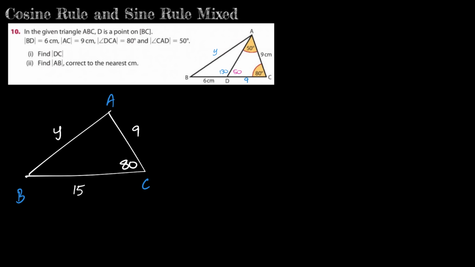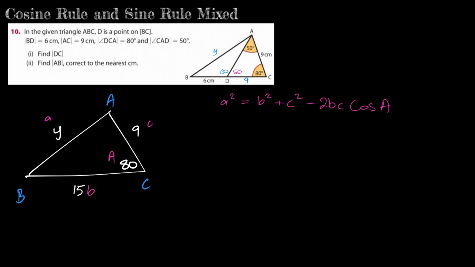And the cosine rule is that a squared is equal to b squared plus c squared minus 2bc cos of A. Like we do with all the questions, the first thing we need to do is label A and the opposite side to A, B and C, and there we go.